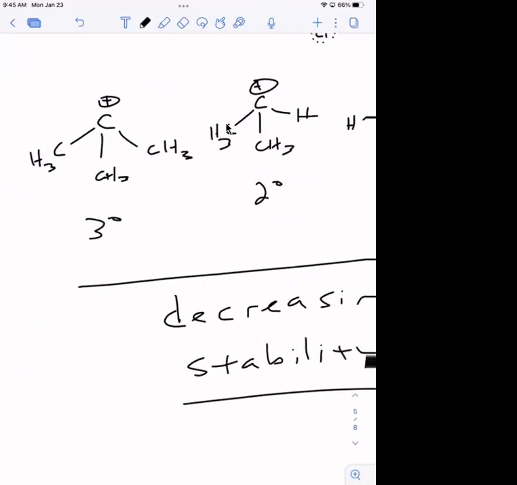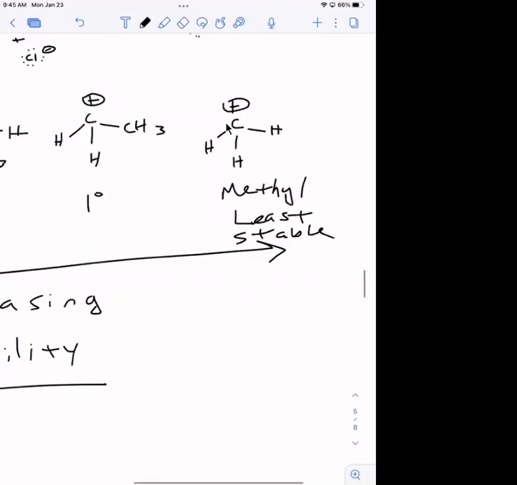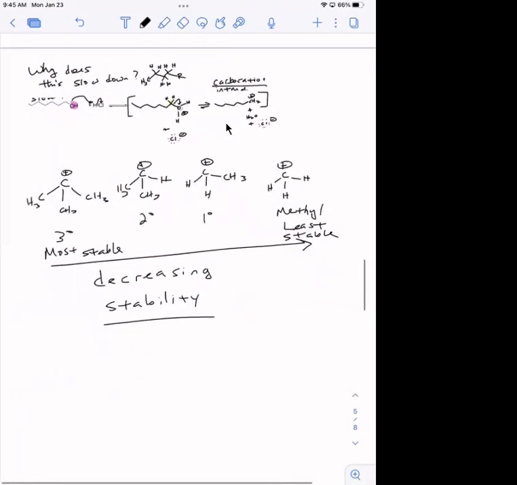Brain is really tripping today. Right? So where does the primary fall in there? Is it bad or good? Based on how the trend is going, where you go from the most stable being tertiary, and then secondary, and then primary, and then methyl. Right?